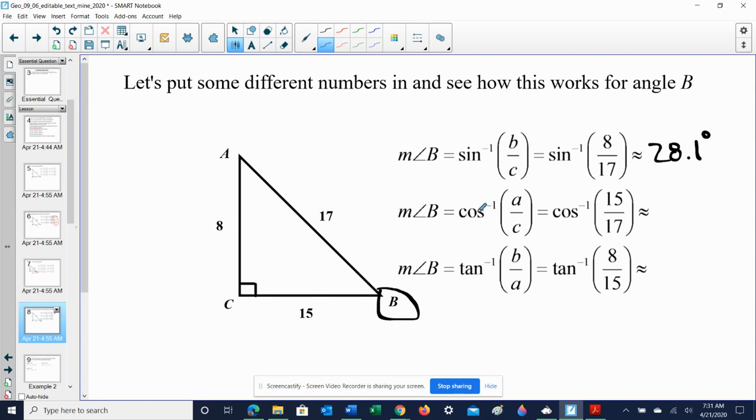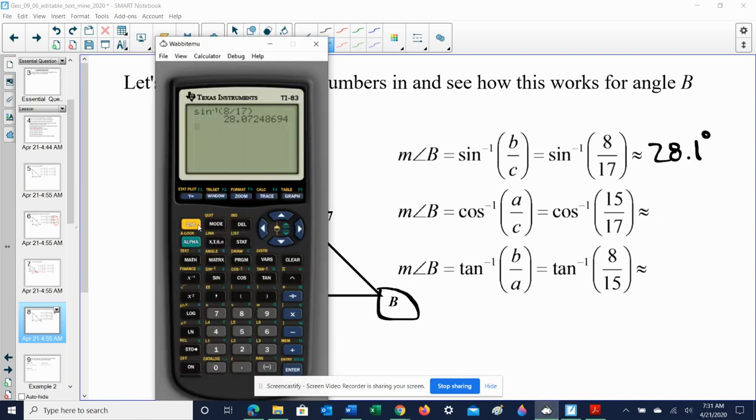Angle B. If I use the cosine, I should get the same angle, only this time cosine is adjacent over hypotenuse, 15 over 17. Second, cosine 15 divided by 17, close your parentheses, enter. Amazing, 28.1.